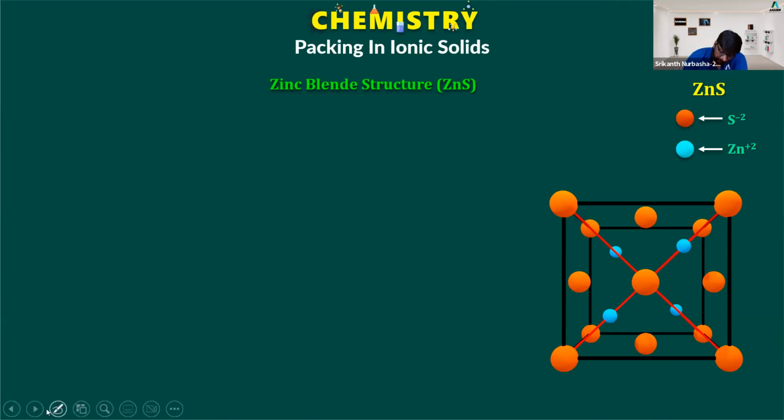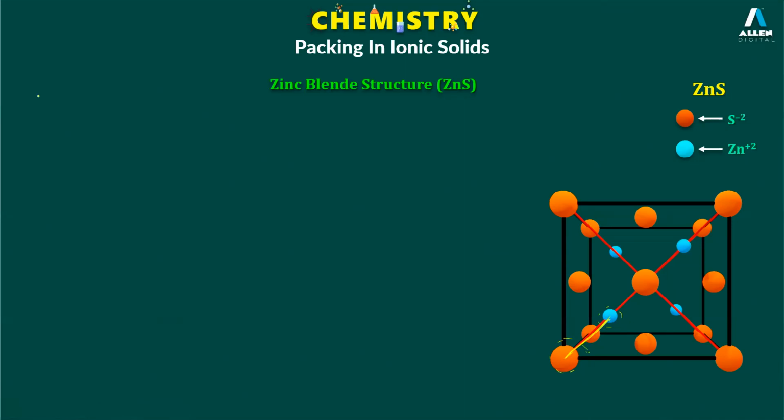Can I say this particular tetrahedral void is filled? Here you have a respective anion. This distance is nothing but 1/4 of the length of the body diagonal, yes or no? Because the tetrahedral voids divide the total body diagonal in a 1:2:1 ratio.